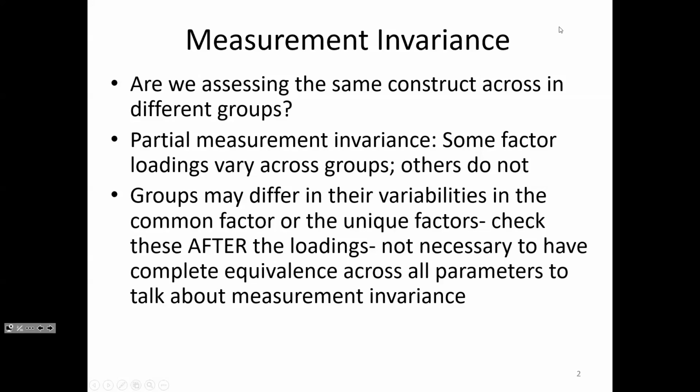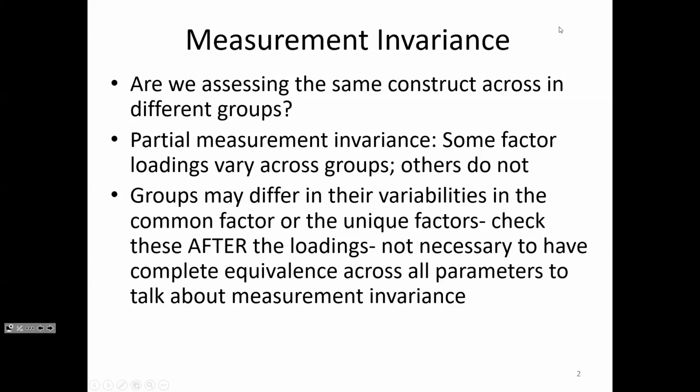So for example, maybe I can't constrain all of my measurement loadings to be equal across groups, but if I can constrain most of them to be equal across groups, that's what's referred to as partial measurement invariance.